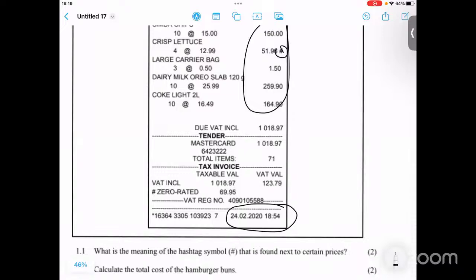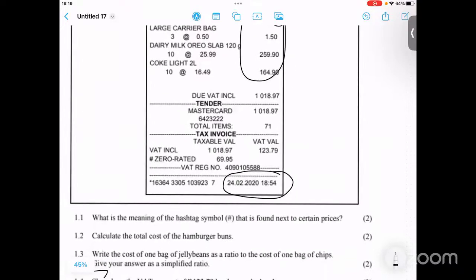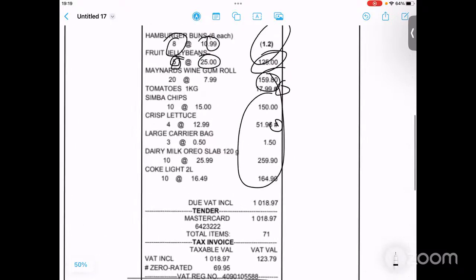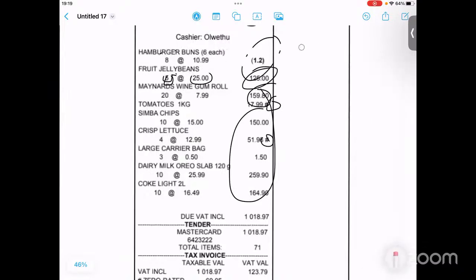Yes, ma'am. Perfect. And this is zero rated. And they say calculate the total cost of hamburger buns. I want to know the total cost of hamburger buns. How are we going to calculate for the hamburger buns?